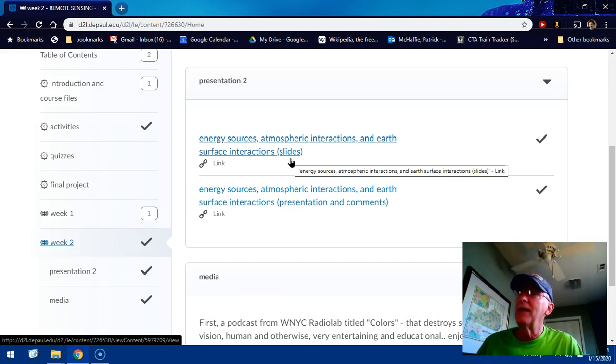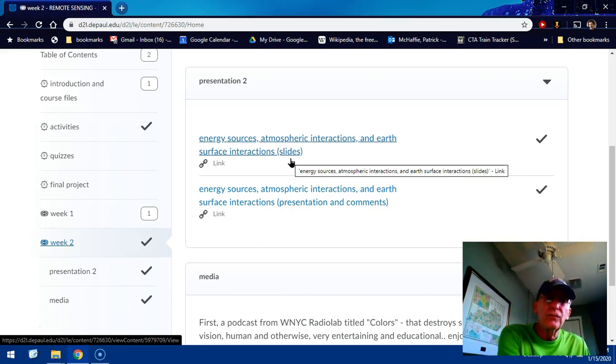Sensed by a sensor, in our case, a digital sensor operating in outer space mainly, although there are sensors that operate in the atmosphere, on aircraft and unmanned aerial vehicles, UAVs, more commonly known as drones. There's a lot of things that happen, but we're going to look at the first part of that diagram 1.1 in our text.